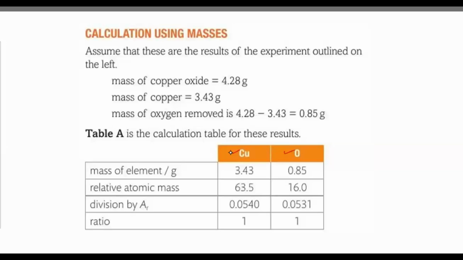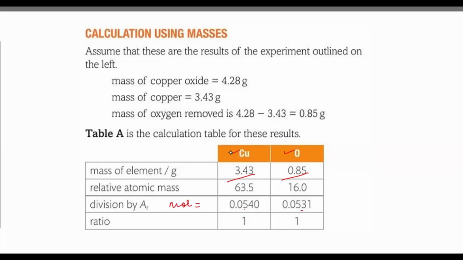So, what was the step? The step was: copper, the mass which was given to you, you divided by its relative atomic mass. So 3.43 divided by 63.5. On dividing that, we get the answer 0.540. And oxygen mass divided by its molar mass, you get again, basically, the moles you're calculating.